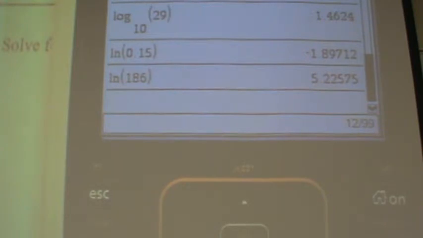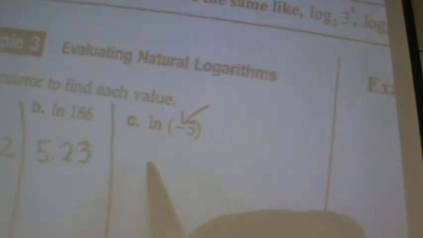Okay, you guys gotta get your rounding down. So it doesn't say, let's round to the nearest hundredth. So I'm gonna write 5.23. And the last one, what did we say you can't have right here? The ln just means it's a base E. This is gonna be no solution because you can't have a negative or a 0 there.